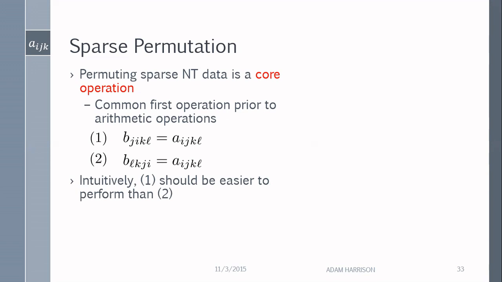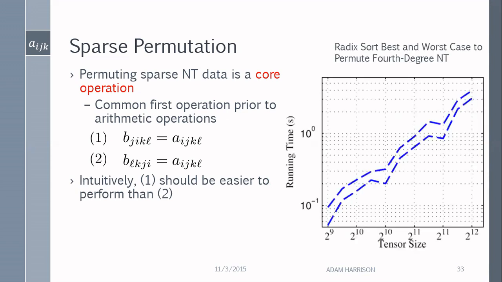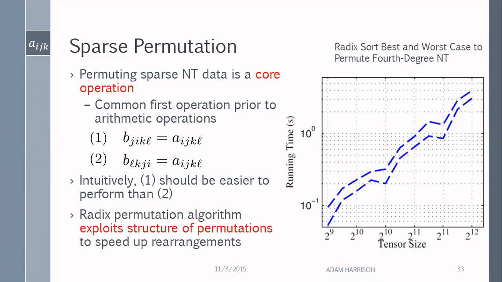This involves, behind the scenes, moving non-zero entry data as well as indices in memory. So we compared a general sorting algorithm for this purpose, shown in blue here, to an algorithm we developed that exploits a priori information: the structure of exactly the kind of permutation operation you're performing in relation to the existing arrangement of the data, because it already has a particular ordering from its indices.